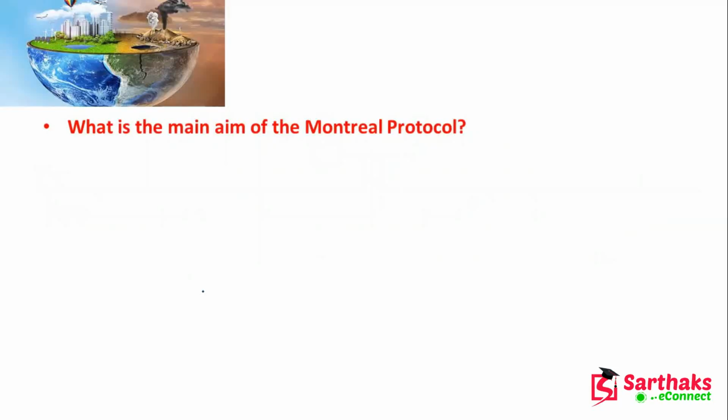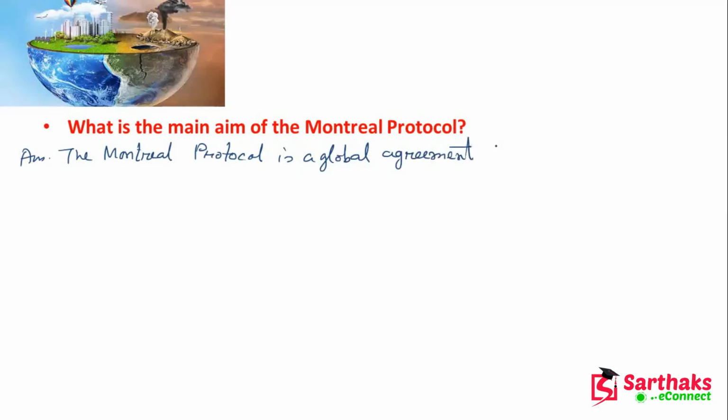Next, what is the main aim of the Montreal Protocol? The Montreal Protocol is a global agreement which was proposed in the year 1987.